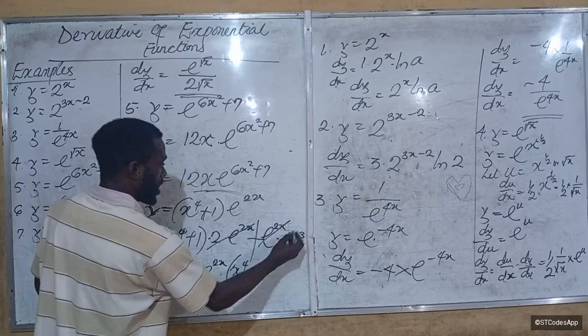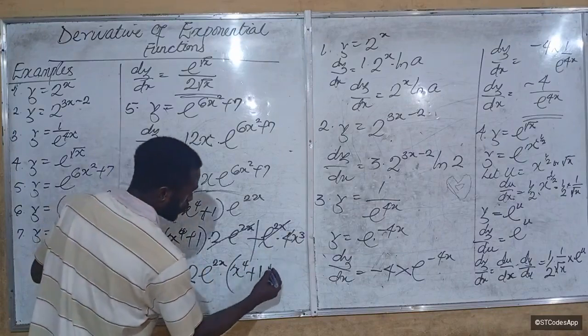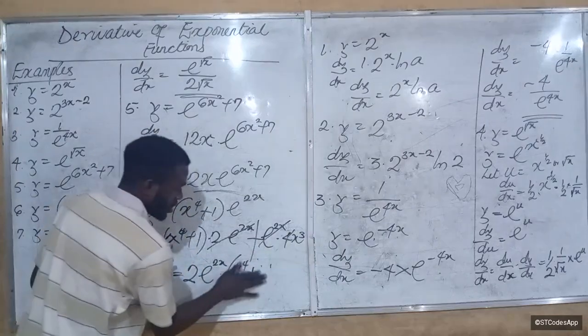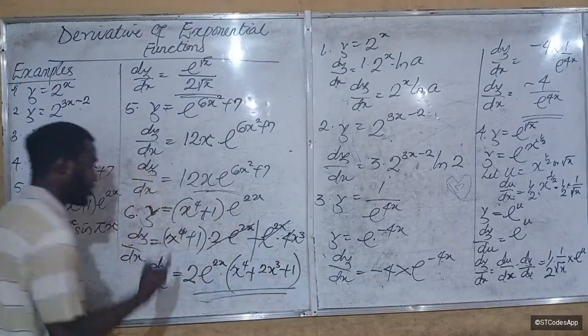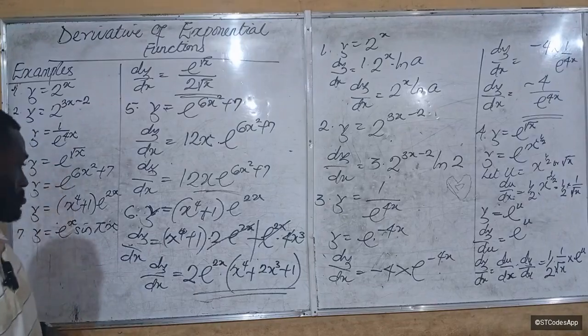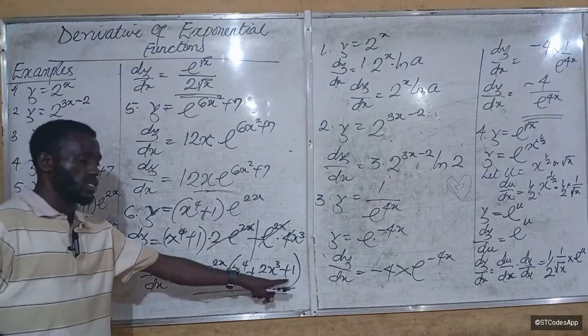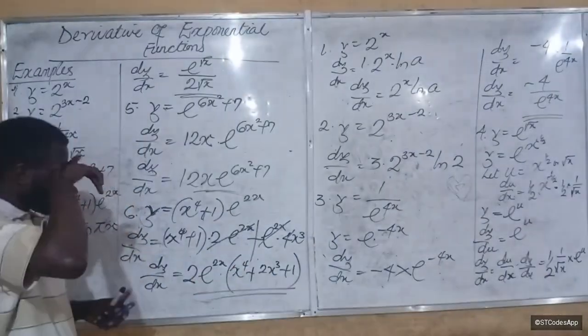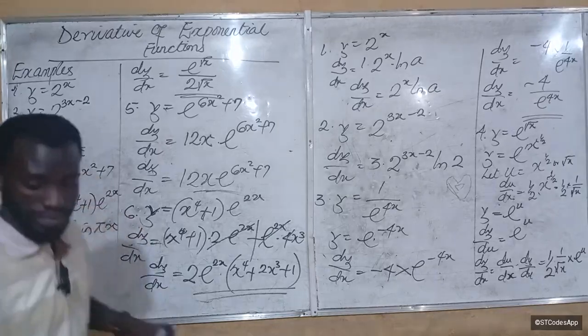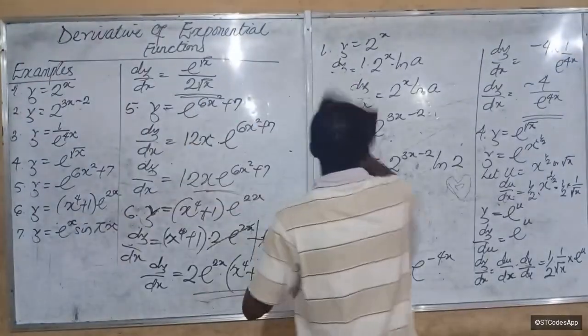Then we bring out this and 2, it remains 2x cubed plus 2x cubed. Let's arrange it in order. It becomes 2x cubed plus 1. So this is going to be the answer. It's supposed to be 1 first, but I rearranged. Alright. So then number 7, which is the last one.